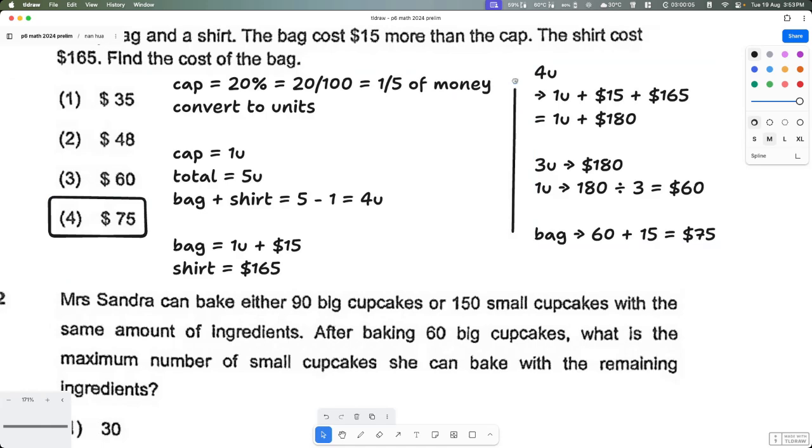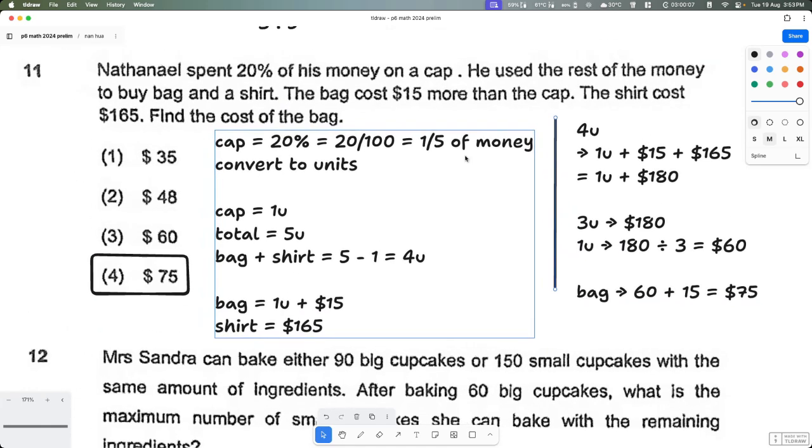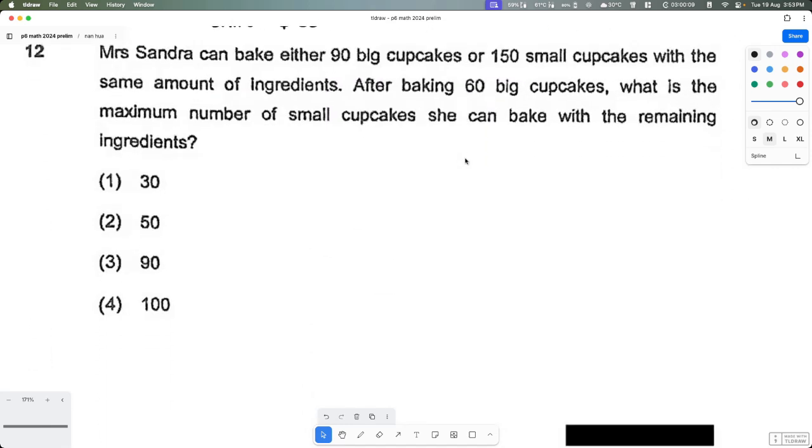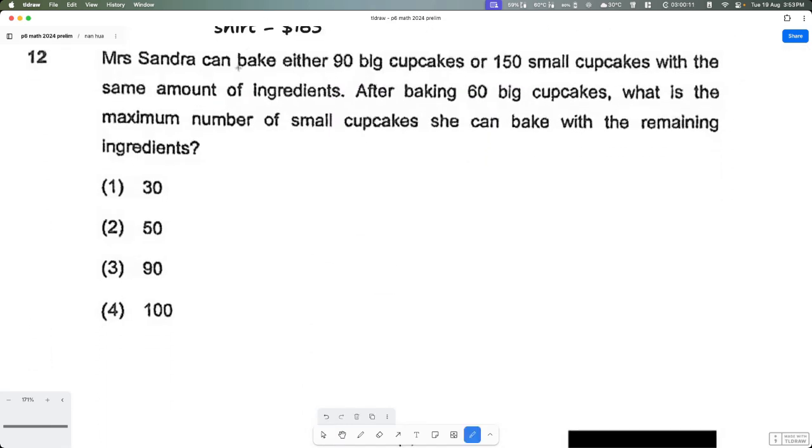All right, let's move on to the next question. Question 12. Mrs. Sandra can bake either 90 big cupcakes or 150 small cupcakes with the same amount of ingredients. After baking 60 big cupcakes, what is the maximum number of small cupcakes she can bake with the remaining ingredients?